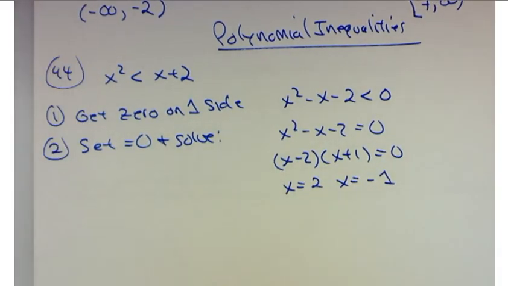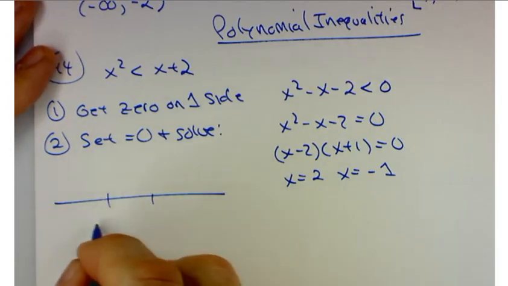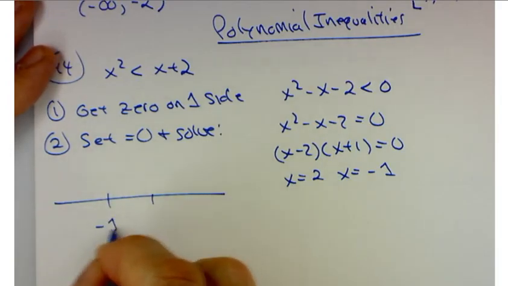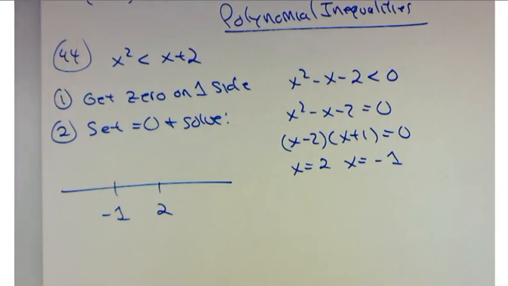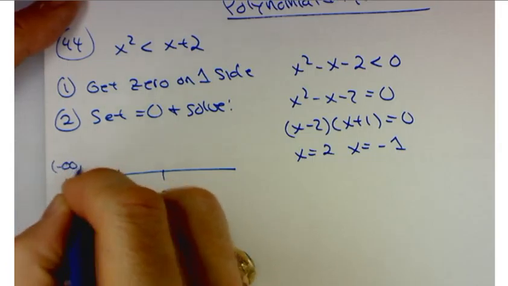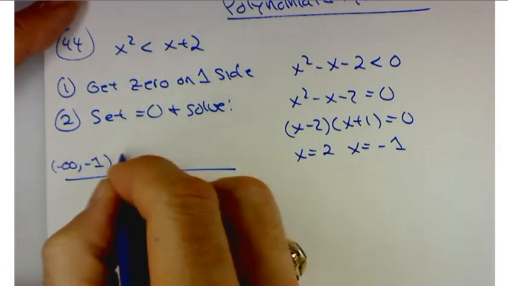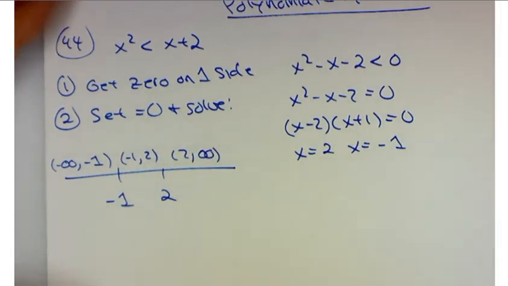So that 2 and negative 1, those points divide up your real number line into 3 intervals. Let's see that. So negative 1 and 2. It divides up your real number line into these intervals: negative infinity to negative 1, negative 1 to 2, and 2 to infinity.